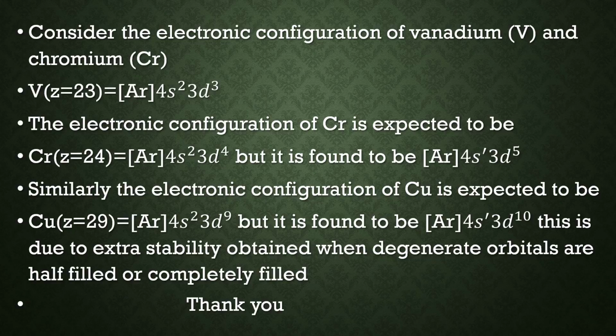Capacity of d orbital is total 10 electrons. 3d5 means chromium consists of half-filled degenerate d orbitals. Copper consists of 3d10 configuration. That is, it consists of completely filled degenerate d orbitals. That's why chromium and copper get stability due to these configurations.